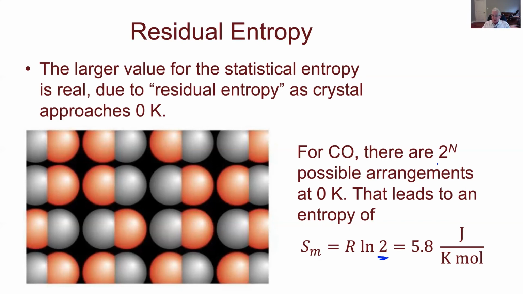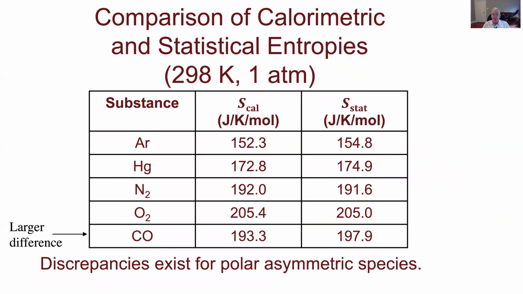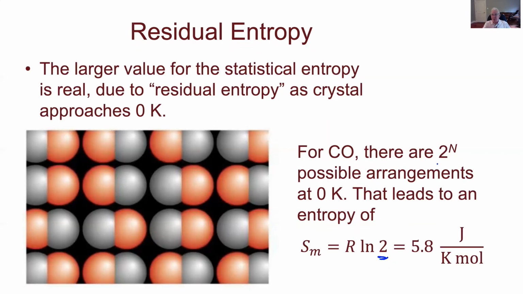If I calculate that, that predicts a difference of about 5.8 joules per Kelvin per mole. If I flip back to my data here, my data have a difference of about 4.6 joules per Kelvin per mole, right? So the difference is not quite as much as this might predict. What that says is that the orientation probably is not entirely random, that in some little pockets things actually get themselves oriented more and less well, but that some of this does survive.